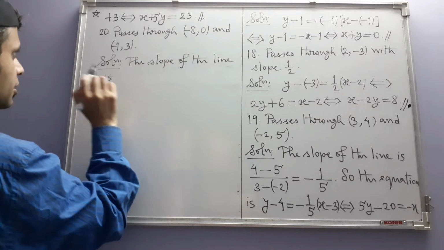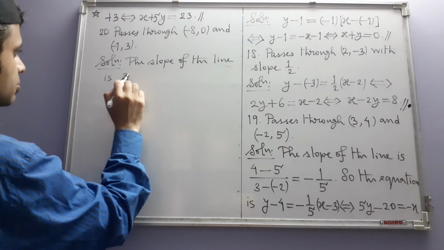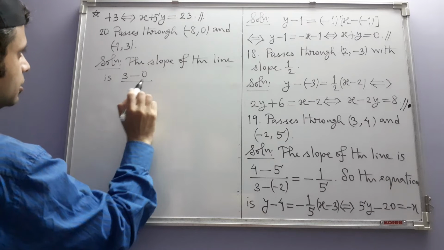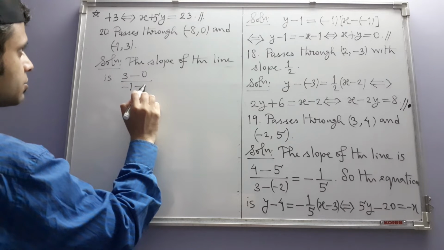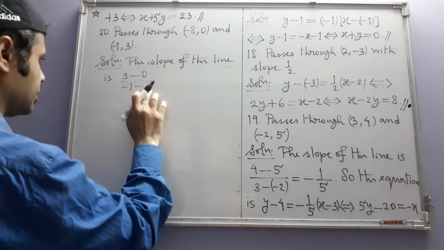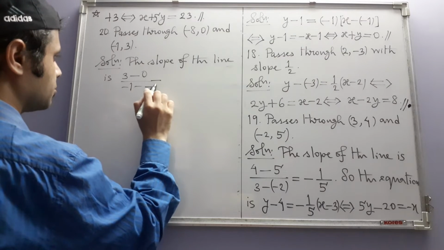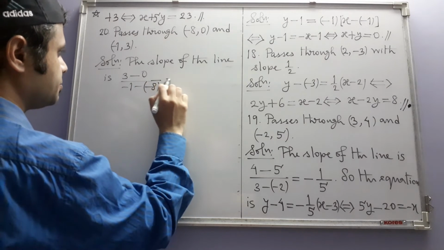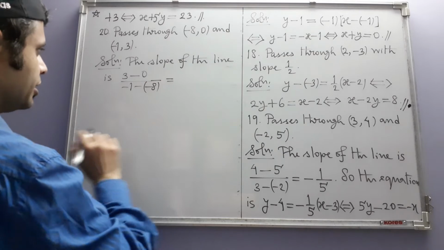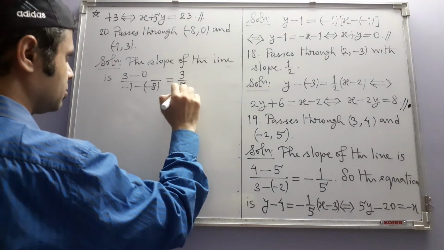The slope of the line is 3 minus 0 divided by minus 1, there is minus 8, okay, so minus 8. So 8 minus 1, so this is 3 by 7.